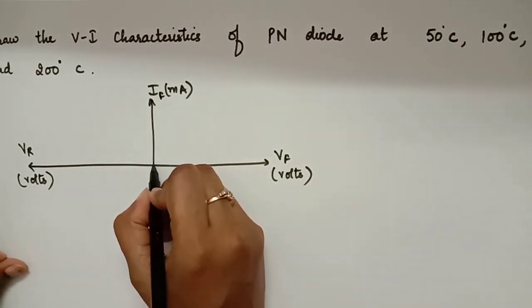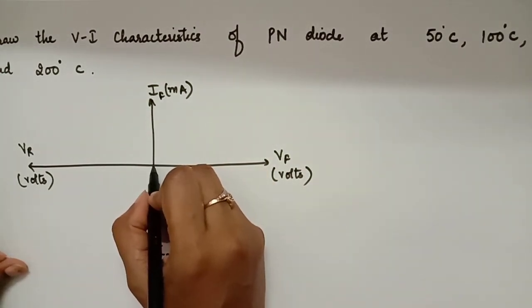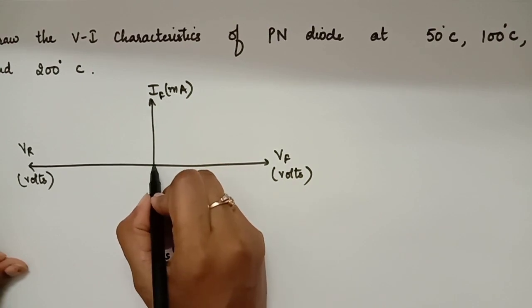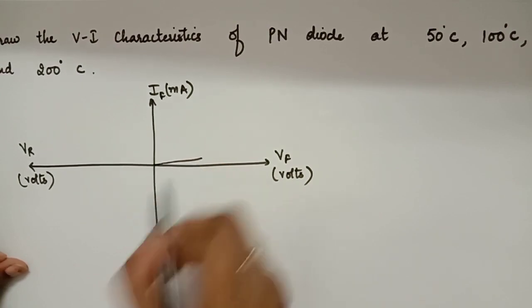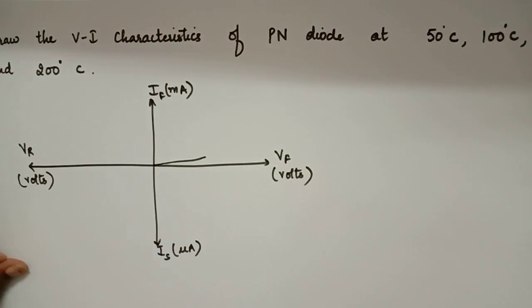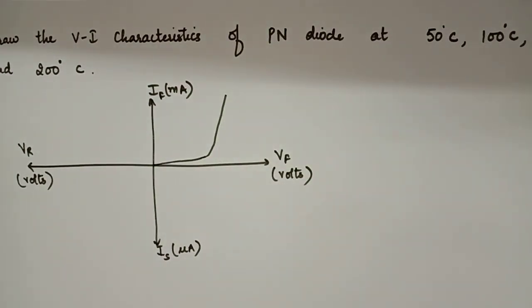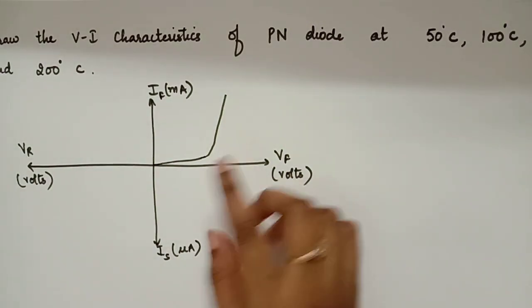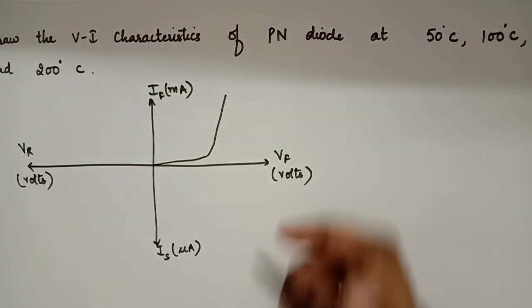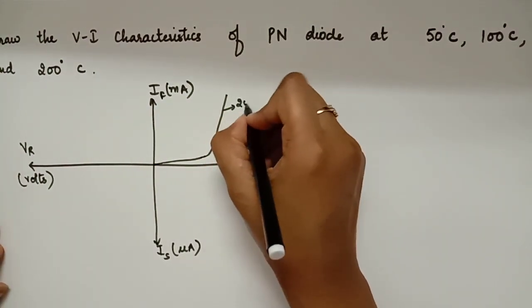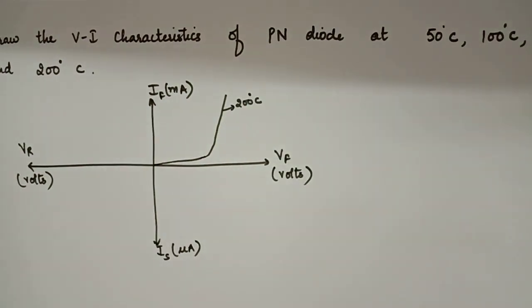In the forward part, we will first of all follow the same concept, that the current will rise rapidly after the knee voltage. So let this be the graph for the maximum, that is 200 degrees Celsius. At the same time, you must indicate it. Alright.